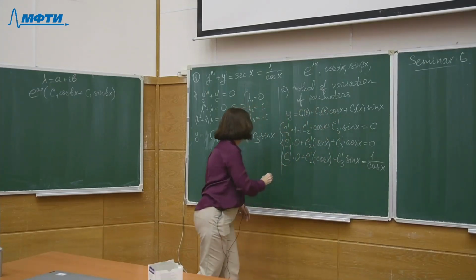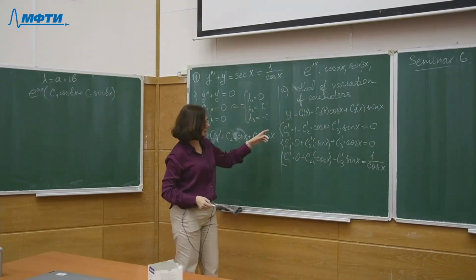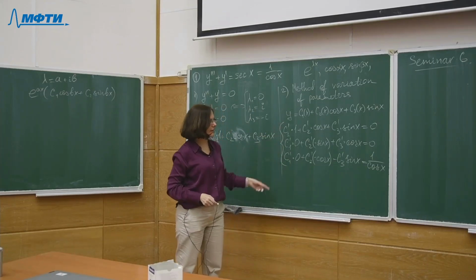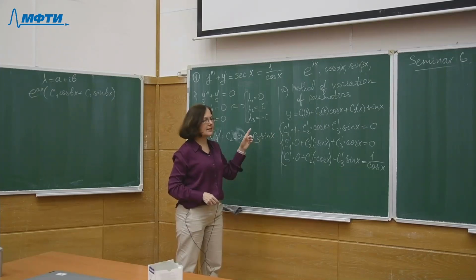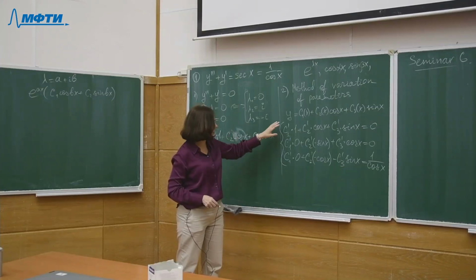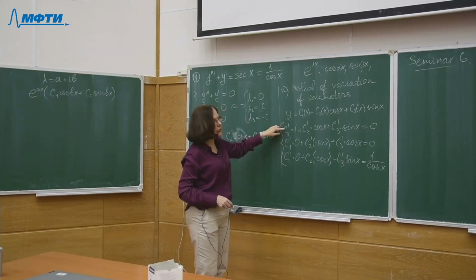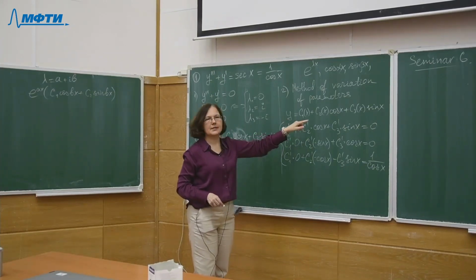So the next step is to solve this linear equation. This is the system of linear equations in variables c1 prime, c2 prime, and c3 prime.